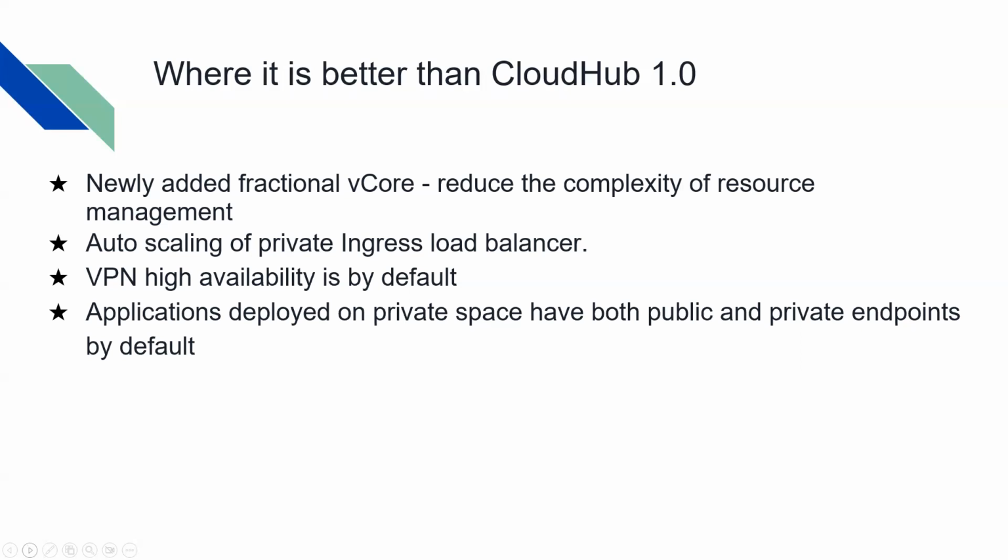Private endpoints are the endpoints over which only the applications within the private space can interact. So no one can call those endpoints from outside the private space, or if for some reason you need to access those private endpoints outside of the private space, then you need to do it through either VPN tunneling or through transit gateway.